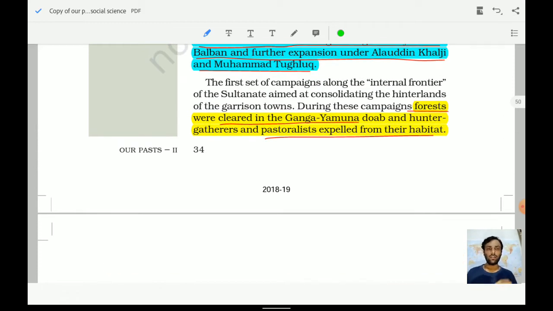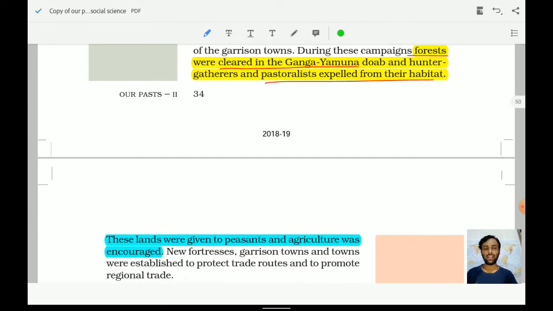The internal frontier of the Sultanate aimed at consolidating the hinterland, but at that time the people who were living in these areas were sometimes robbers or dacoits. So time and time again they used to plunder the areas or the supplies of the Sultanate. Hence, to expel them, to subdue them, this particular type of campaign they had to do.